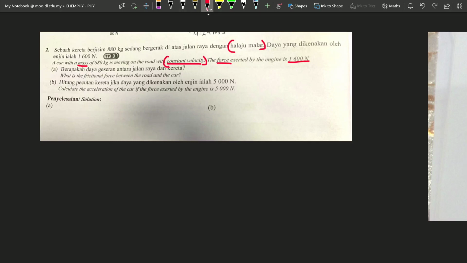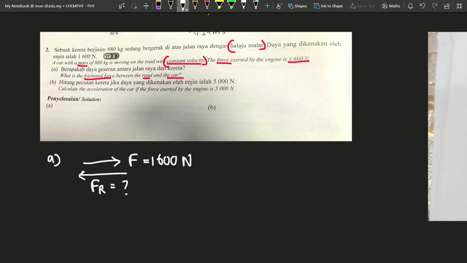What is the frictional force, daya geseran, between the road and the car? So you know we got the forward thrust produced by the engine, which is F equal to 1600 Newton. At the same time, you got a frictional force, daya geseran yang menentang direction daya tujah engine tadi. This is your frictional force, daya geseran, which is what the question asks.